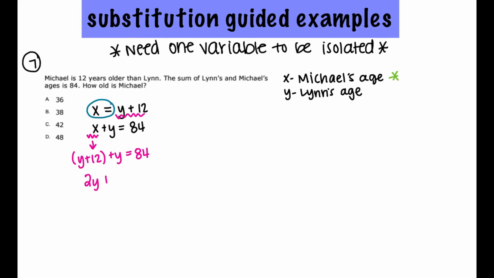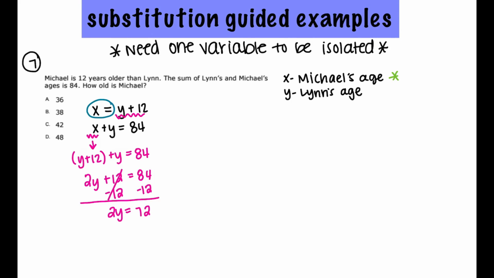All right, now I can solve for Y. So I have 1Y plus 1Y, that's 2Y, plus 12 equals 84. We need to get the term with the Y by itself, so subtract 12 on both sides.